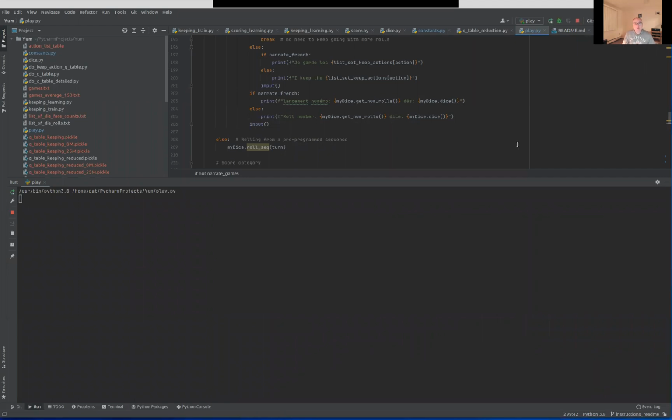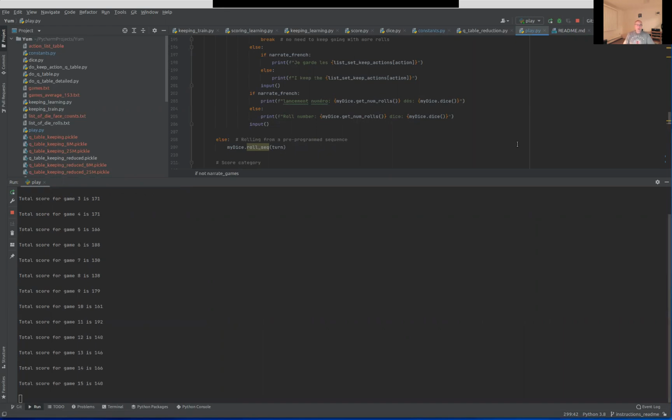So if you remember, maybe from two videos ago, we ran together through a single game using the agent as the entity who was running the game completely. When there was an initial roll, the agent would look at the dice and decide which dice to keep.